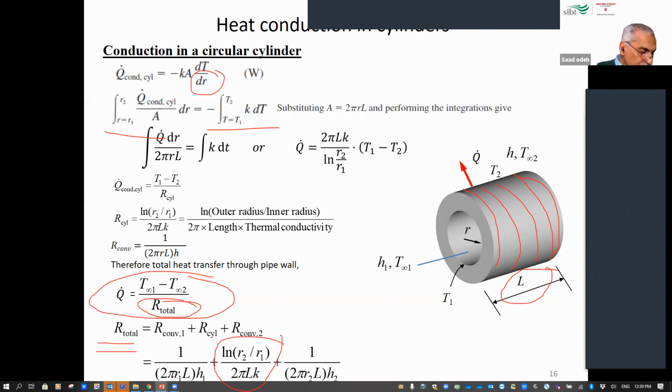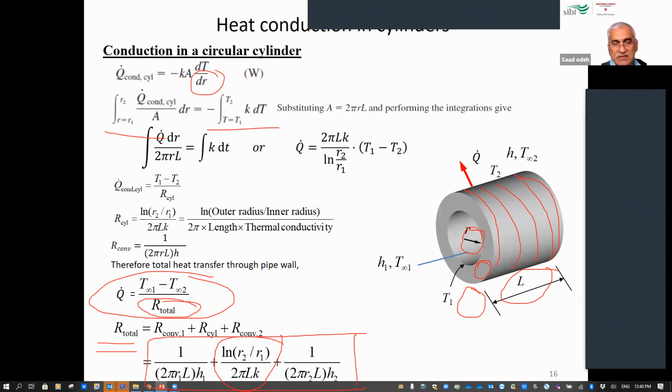So there is R convection inside of the tube, and then R conduction through the tube material, and then R convection to the fluid outside the tube. So we have 3 resistances, 2 convection and 1 conduction. And we should follow this equation to find R for each section or each thermal resistance.